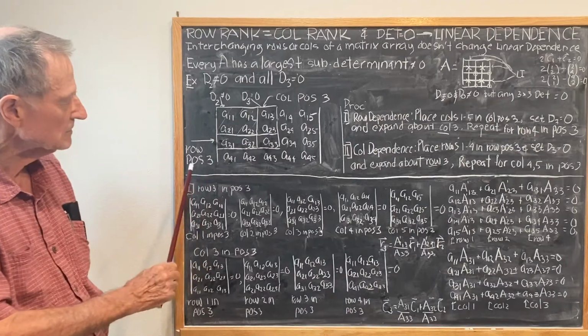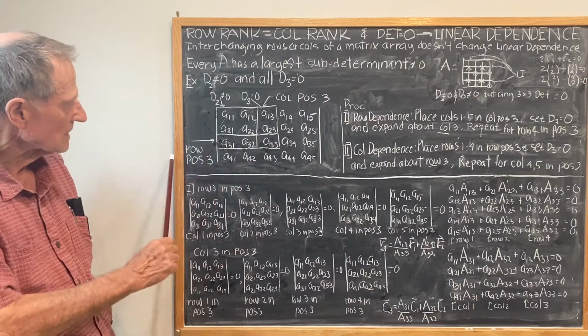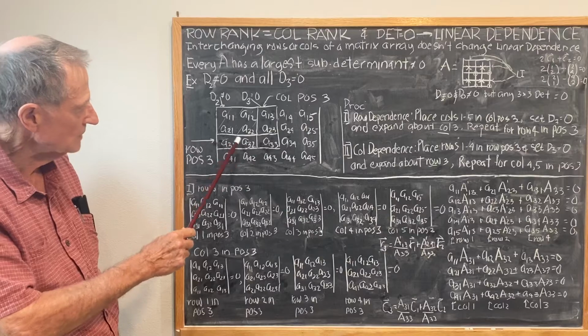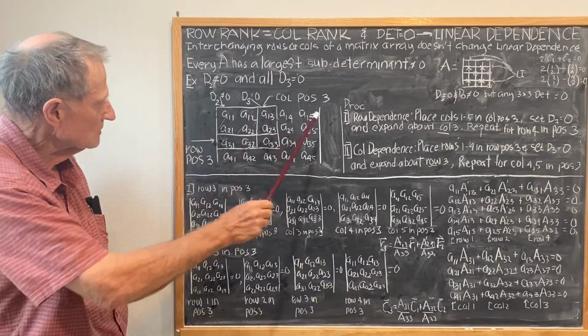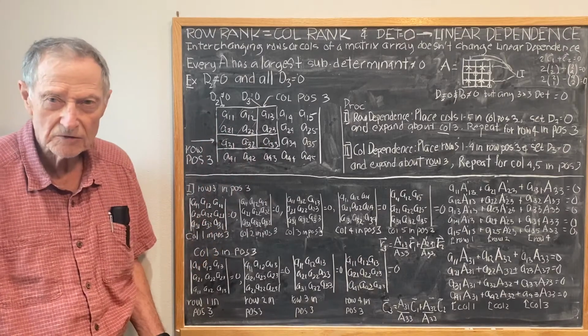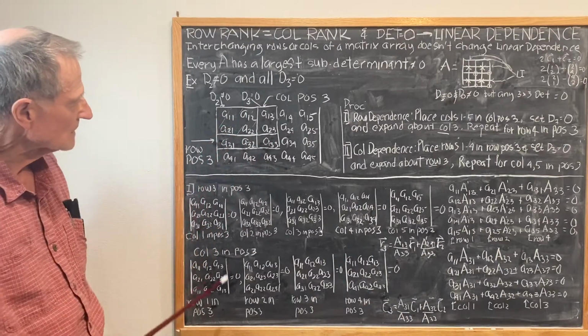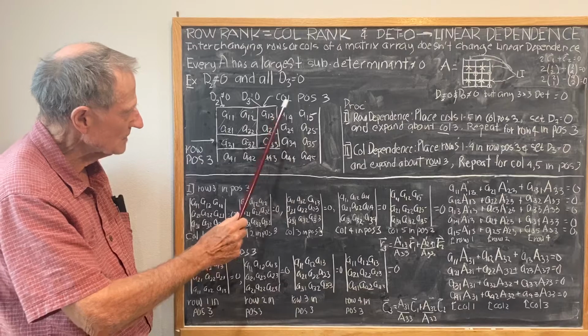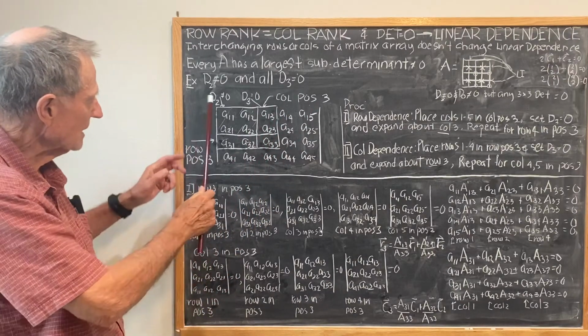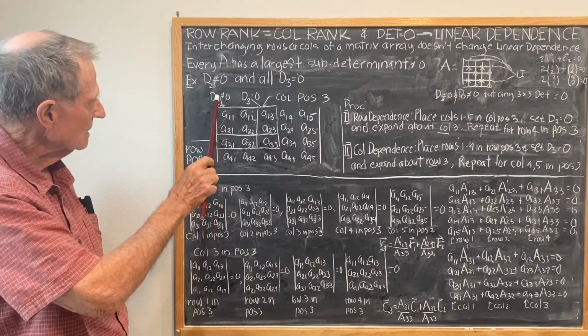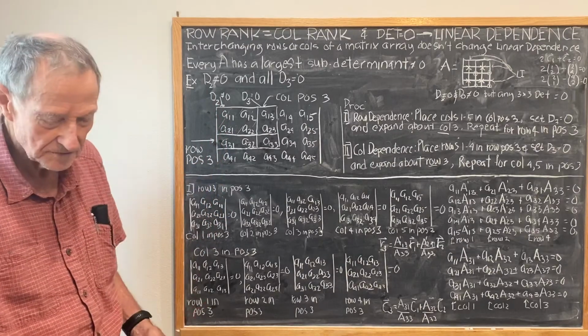That's what enables me to express rows 3 and 4 as a linear combination of the rows through the determinant unequal to 0, rows 1 and 2, and columns 3, 4, and 5 are linear combinations of the columns through D2 unequal to 0.